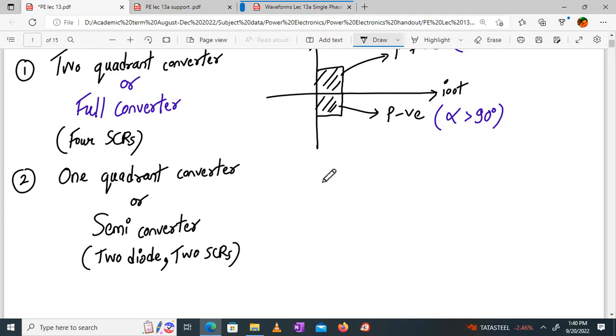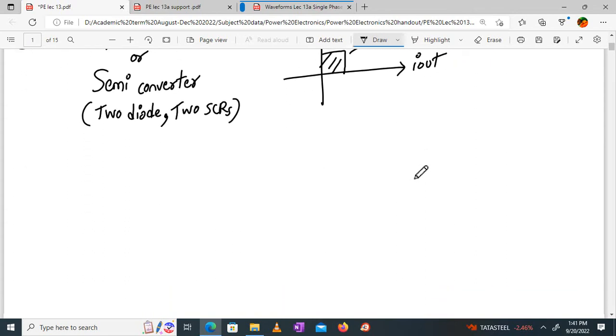Here, the power will only be positive, and the voltage also will be positive only. It will never go negative. Power is always positive, whether you take alpha greater than 90 or less than 90, it doesn't matter. So let's start the discussion of semi-converters.